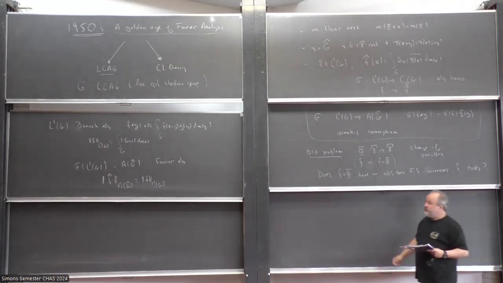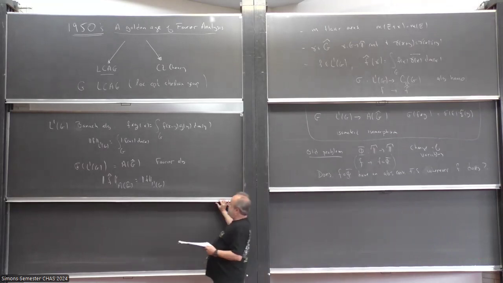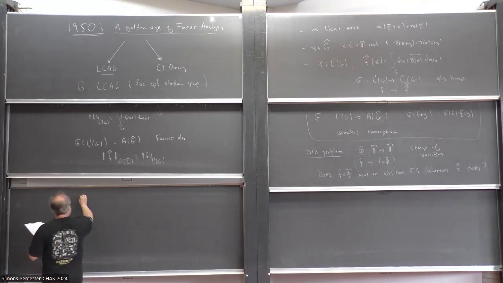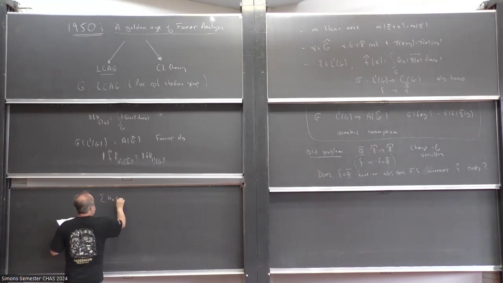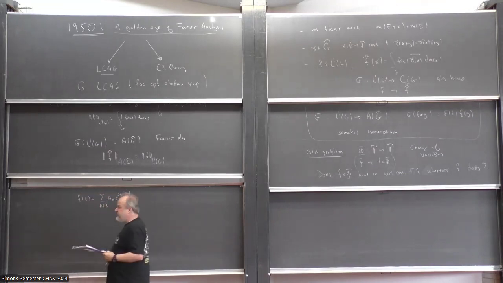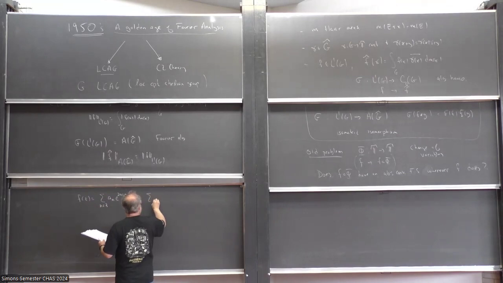Okay, so that is just a basic question. Let's think about this a little bit more concretely. What does it mean? I take a function and look at its associated Fourier series. We say it has an absolutely convergent Fourier series if the Fourier coefficients are summable.